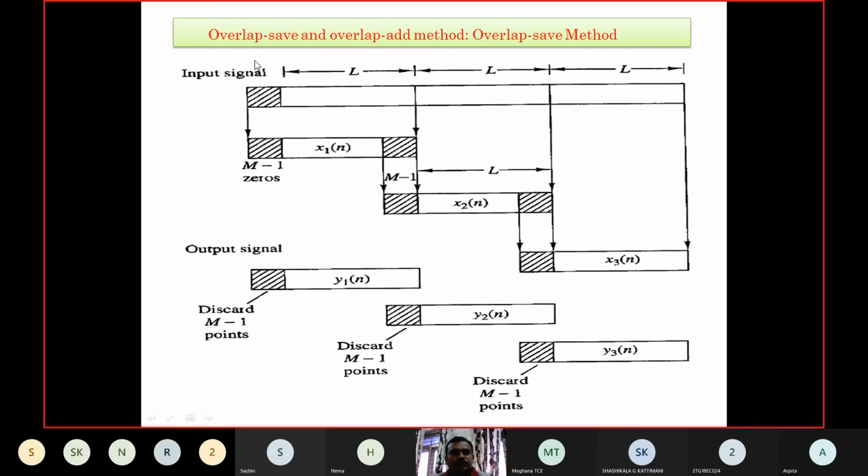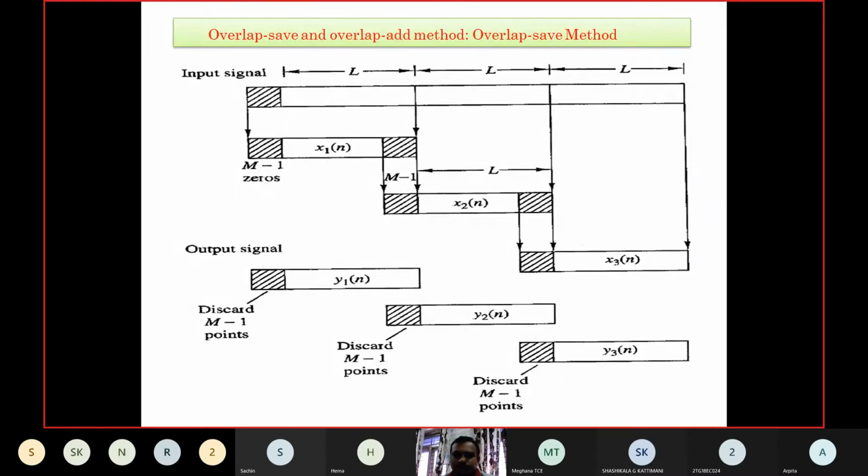Yes. So in the previous class, we had a discussion about how to work with long sequence data. Here there are two methods: overlap save and overlap add.